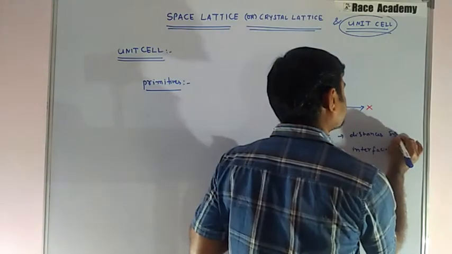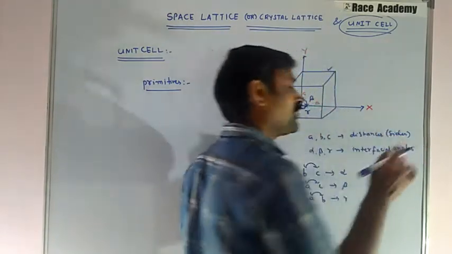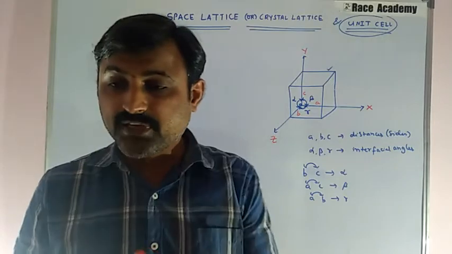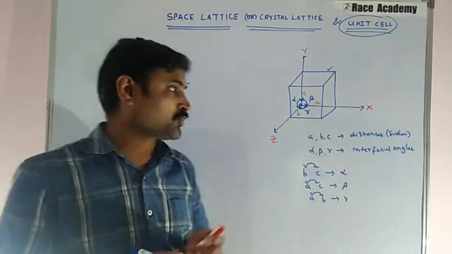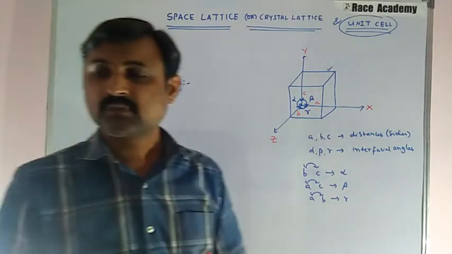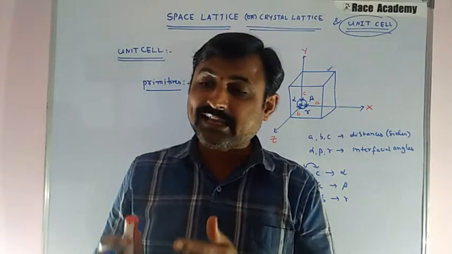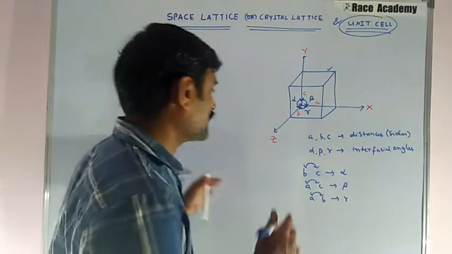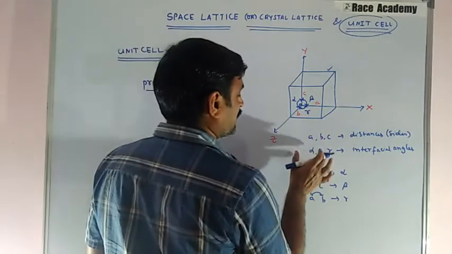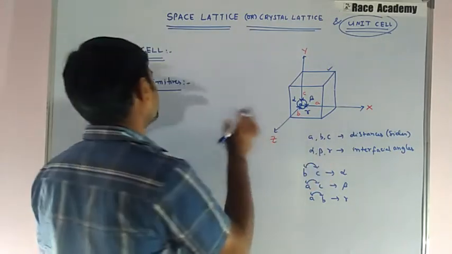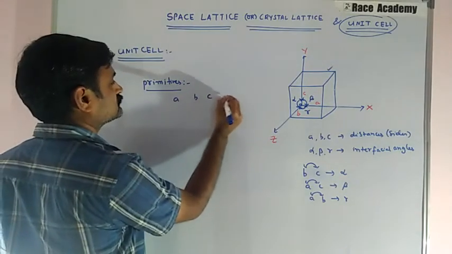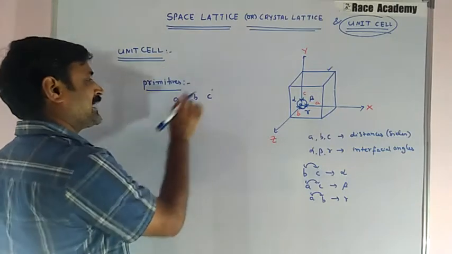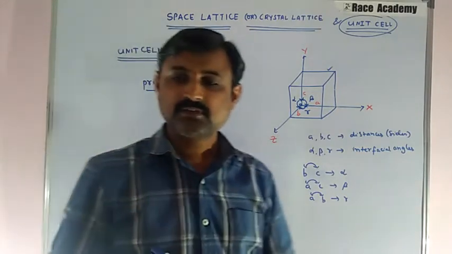Distances, also called sides, A, B, C are there. And these three sides of unit cells are known as primitives or characteristic intercepts. A, B, C are characteristic intercepts.